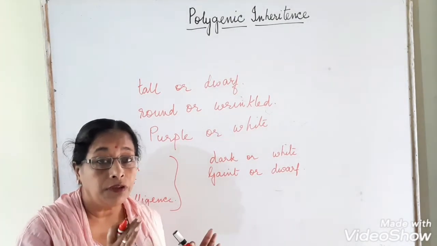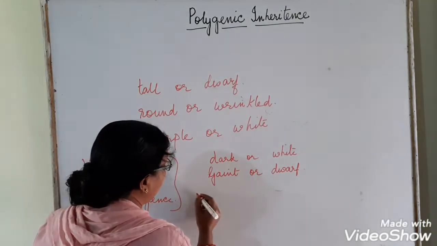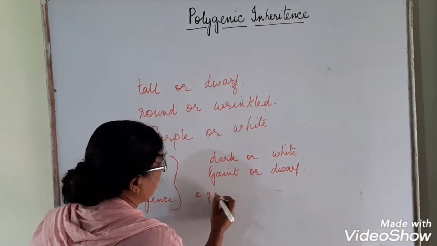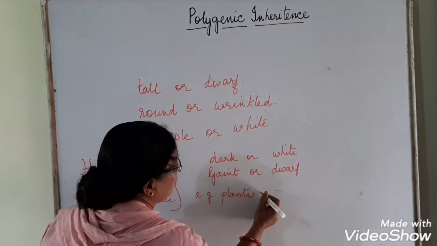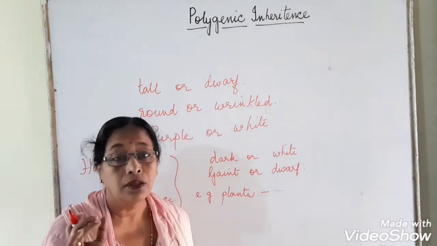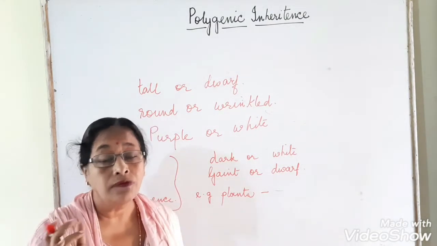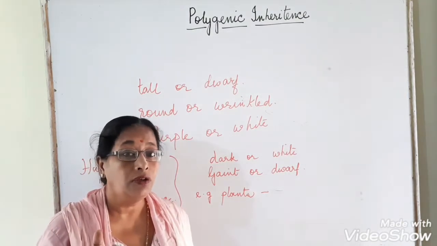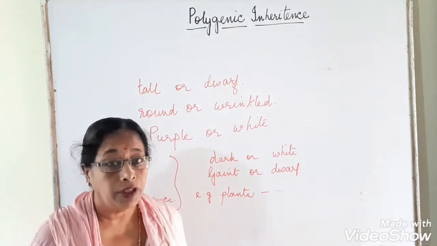You can see different variations even in plants. If we take the example of plants, you can see the size of the seed, the size of the kernel of the wheat, or the color of the fruits. All these show graded variation.